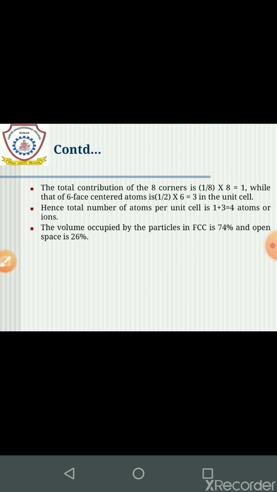Due to simple cubic there is 1 atom and due to the 6 faces it contains 3 atoms. That means the total number of atoms per unit cell is 4 atoms or ions. The volume occupied by the particles in FCC is 74% and the open space is 26%.